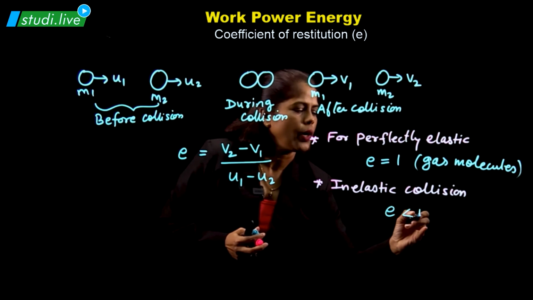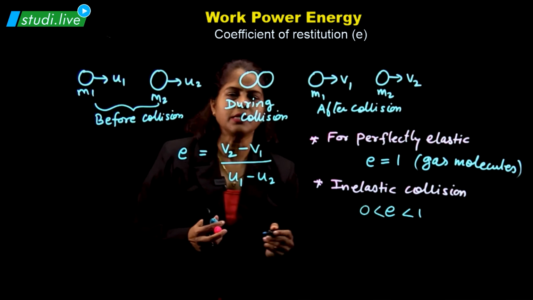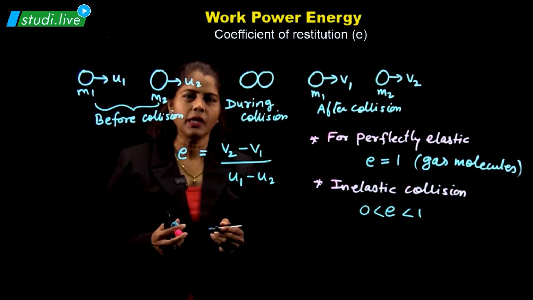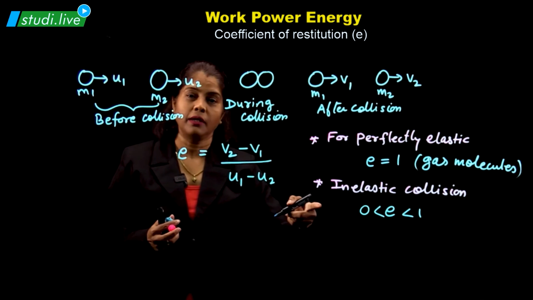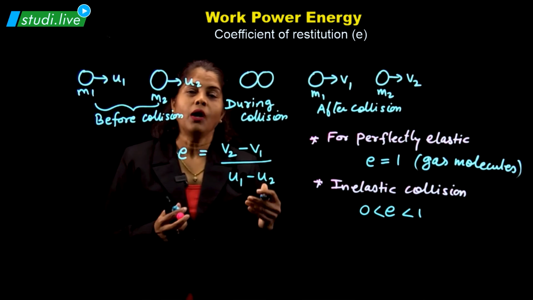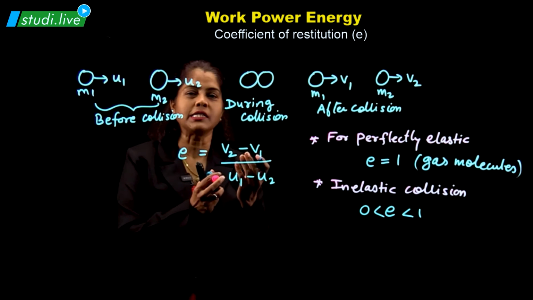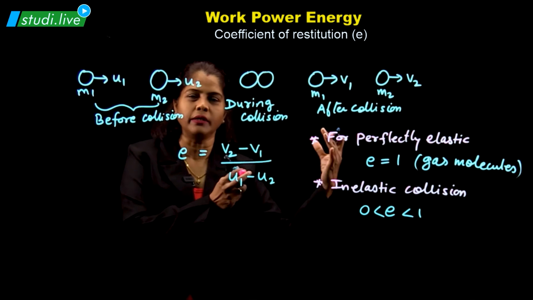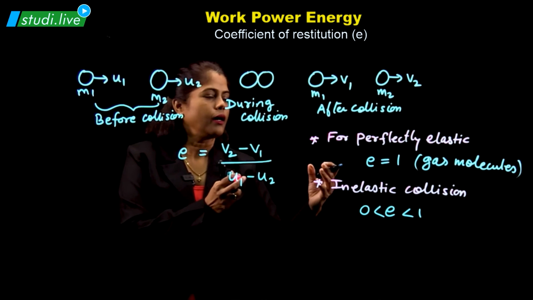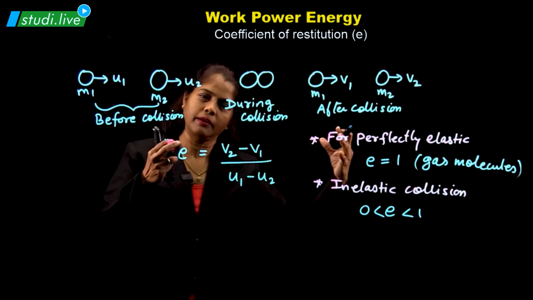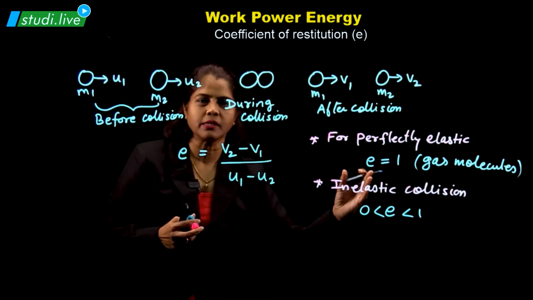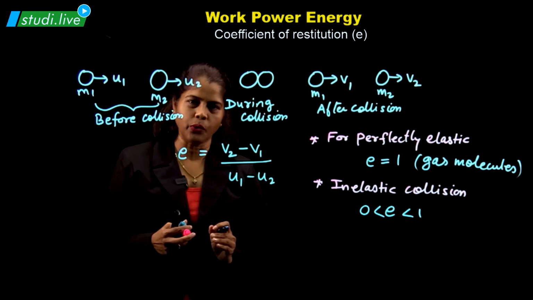That means it is less than 1 and greater than 0. You get inelastic collision when, say, a bullet is fired and a wooden block is there, and they move together.